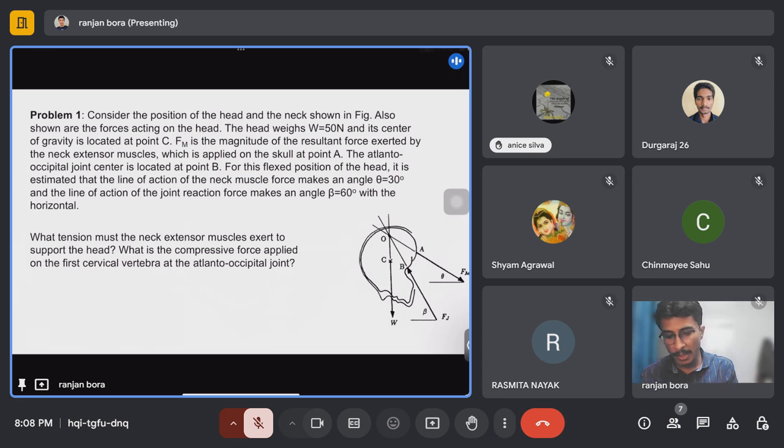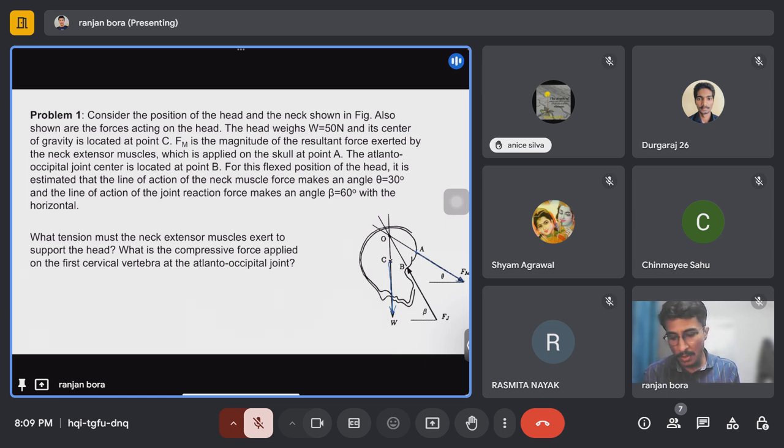Okay, I will read the problem. Consider the position of the head and neck shown in figure. Also shown are the forces acting on the head. The head weighs 50 Newton and it is acting here at the center of gravity, located at point C. And Fm is the magnitude of the resultant force exerted by the neck extensor muscles, which is applied on the skull at point A. So this is the point A, and here this force is applied by the neck extensor muscles.